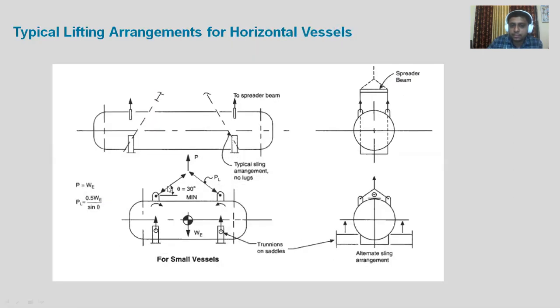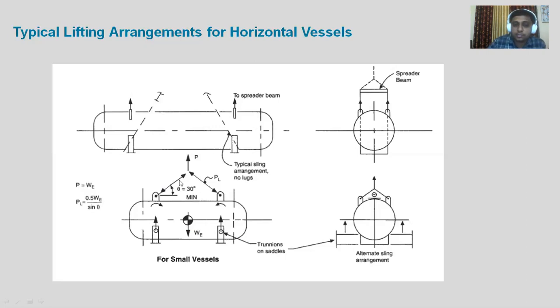This reaction will be calculated as sine theta equals the vertical reaction divided by the hypotenuse. The hypotenuse is nothing but PL, that is the sling force. So PL will be equal to 0.5 times W, that is WE by 2, divided by sin theta. By this formula we can calculate the sling reaction.